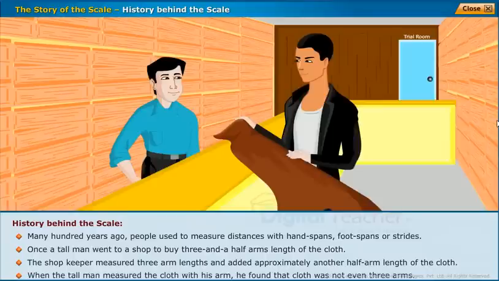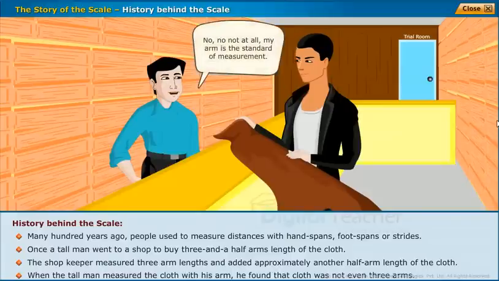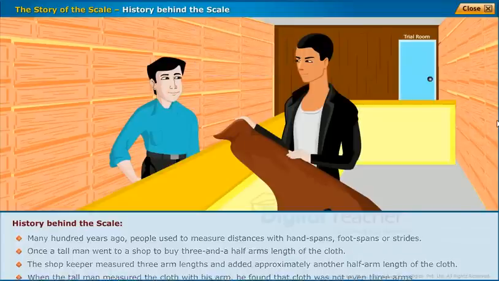When the tall man measured the cloth with his arm, he found that cloth was not even 3 arms. This cloth is less than 3 arms. I have measured it correctly with my arm. Your arm is not the standard of measurement, but my arm is. No, not at all. My arm is the standard of measurement.